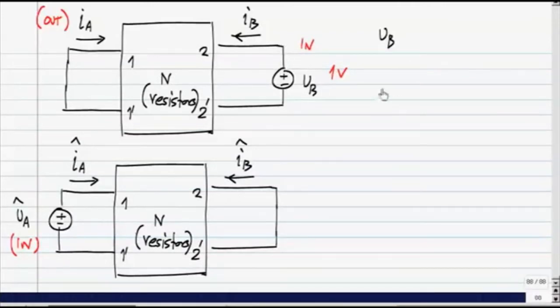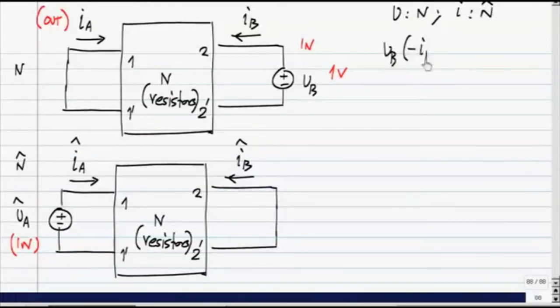So, first, if I call this network N and N hat, I take the voltages from N and the currents from N hat. So, what is that?